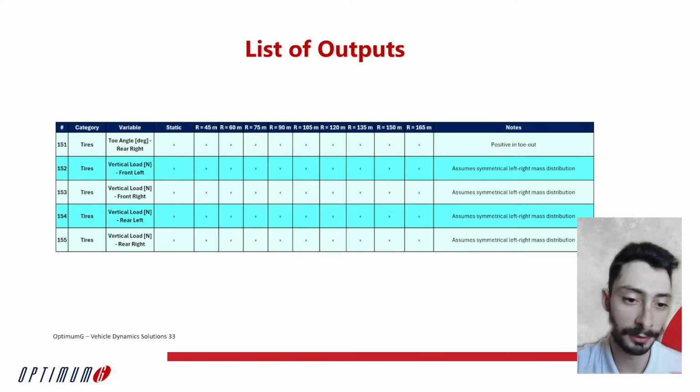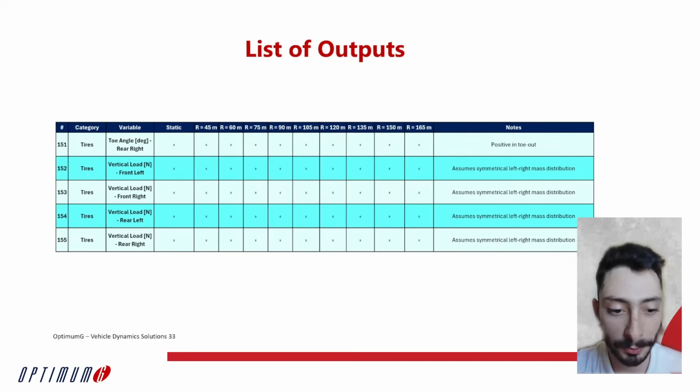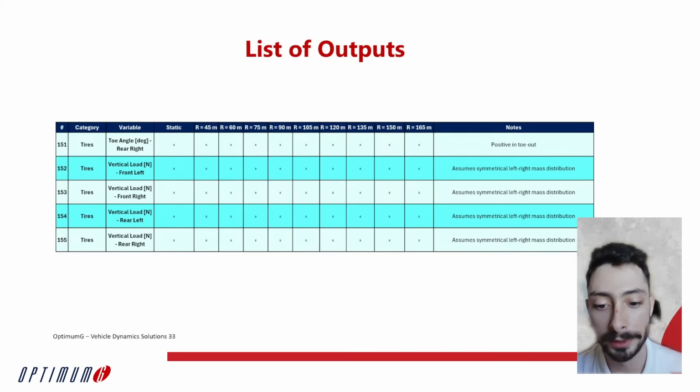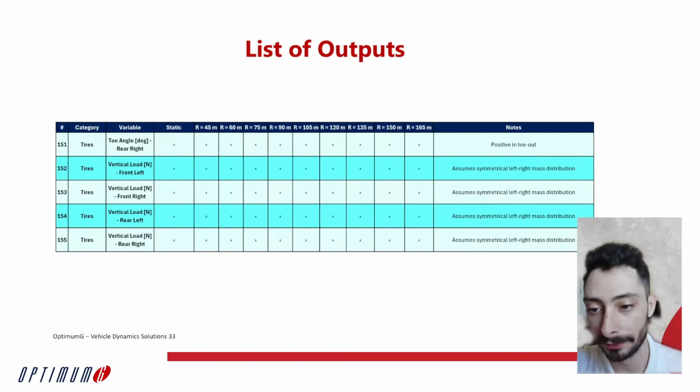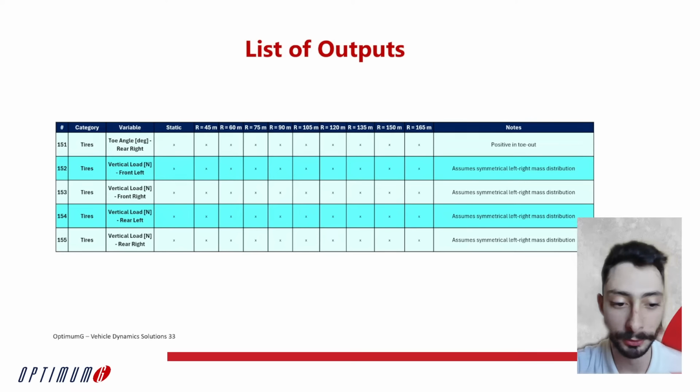All of these are just examples of the variables involved in the mathematical model behind the software, to give you a dimension of how complex a car can be, and how much knowledge you can get from your car if you model all of this yourself.